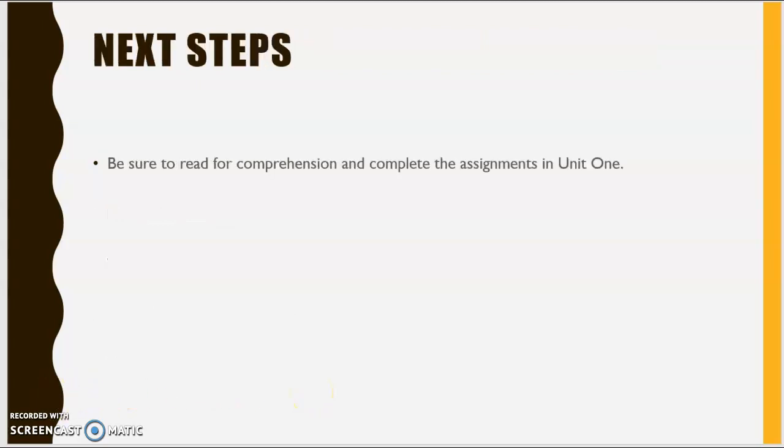Okay, so that was a very quick overview, but I want you to go back and read these pages for comprehension, making sure you understand what a prepositional phrase is and how you can use it to combine sentences, making sure you know what an infinitive is and a gerund is and a past participle, and that you can use them to create sentence variety in your writing so that you can move towards academic sounding and correctly punctuated writing, which is the end goal, right?